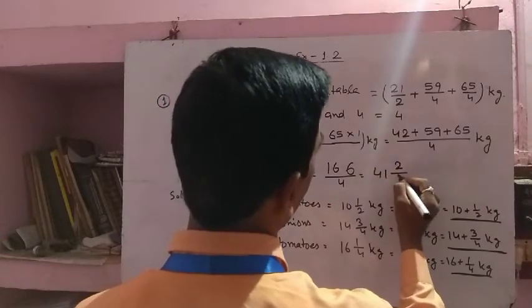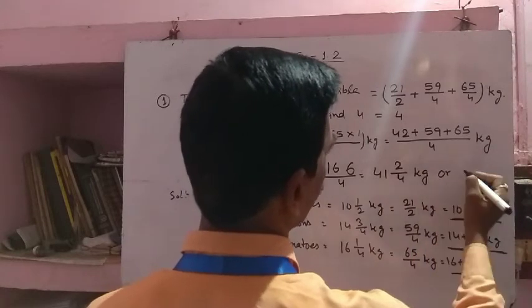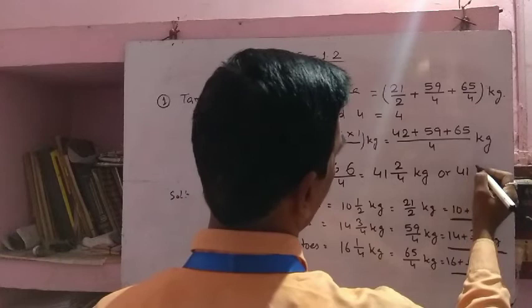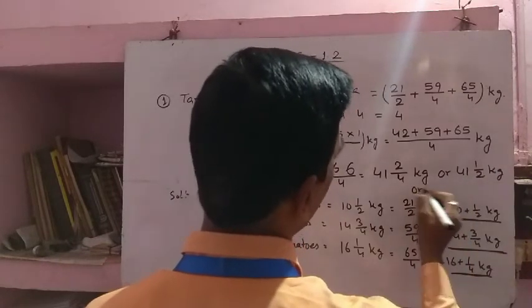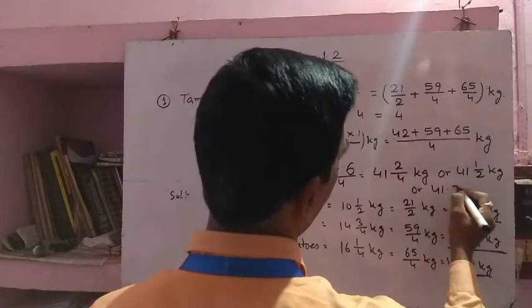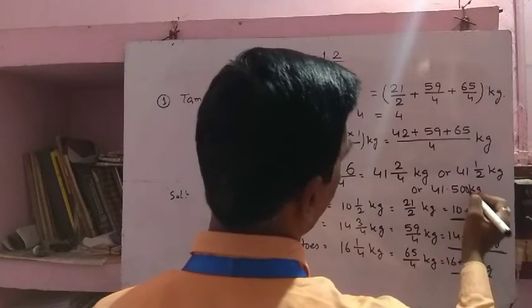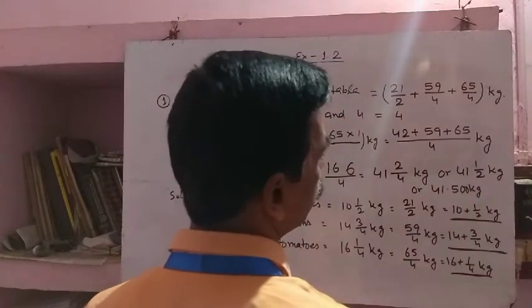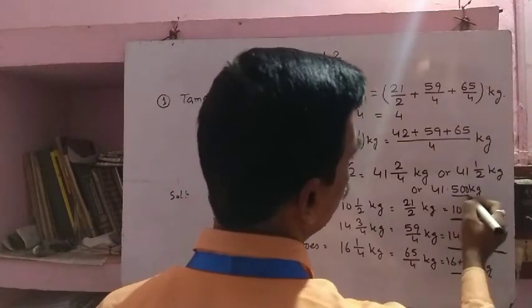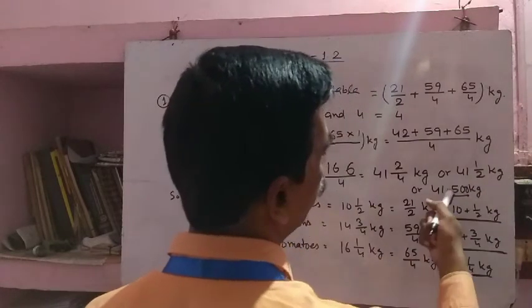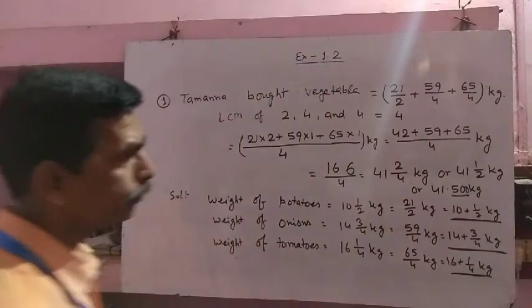So it becomes 41 2 by 4 kg, or you can write 41 1 by 2 kg, or you can write 41.50 kg. Okay, 1 by 2 means half. Half what? Half kg. Half kg is equal to 500 grams. So you can write 41.50 kg. Okay, you can solve this way.